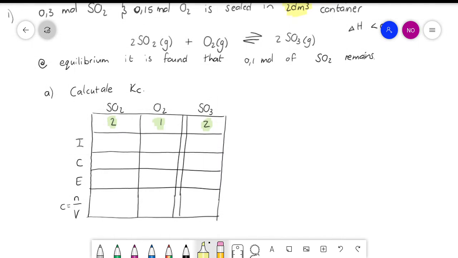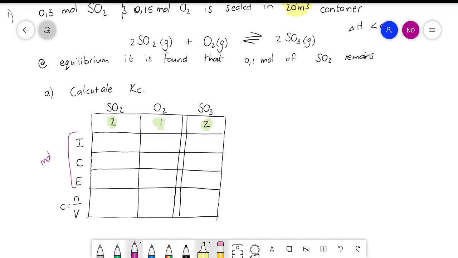When we calculate Kc, I use the ICE table: initial, change, and equilibrium. All three of those are mole values, and in the last one I calculate the concentration. So only leave the concentration stuff right until the end.